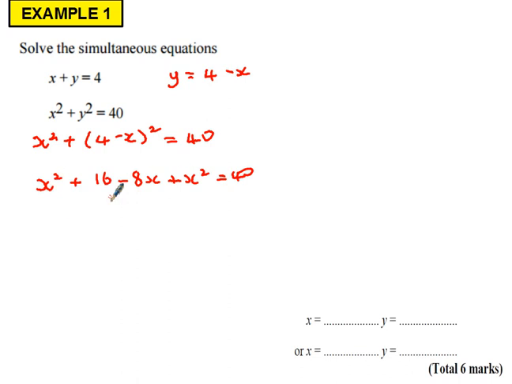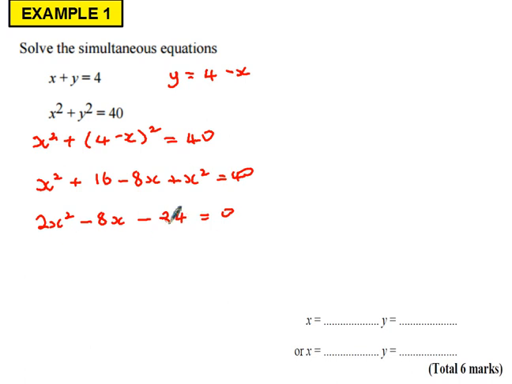So I've got x squared plus x squared, so that's 2x squared. I've got minus 8x. And I've also got this plus 16, but I want to get this side to be 0, so I'm going to take 40 from both sides. So if I take 40 from 16, I end up with minus 24. Take 40 from there, I get 0.